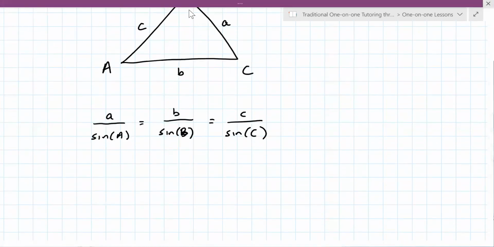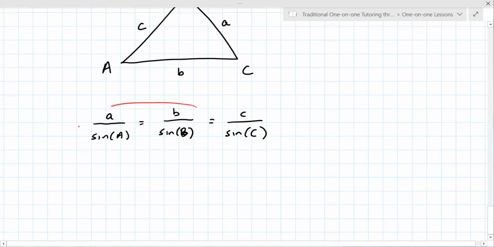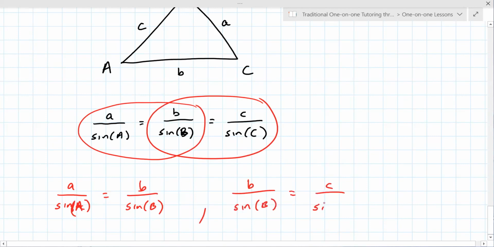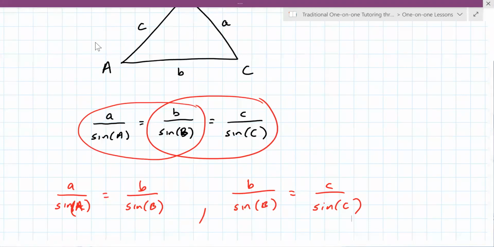And the way you use this, there's actually like three flavors of this. The first one is when you use these two. So what do I mean by that? It's a over sine big A equals b over sine big B, or b over sine big B equals c over sine big C. But you can also use the first and the third.